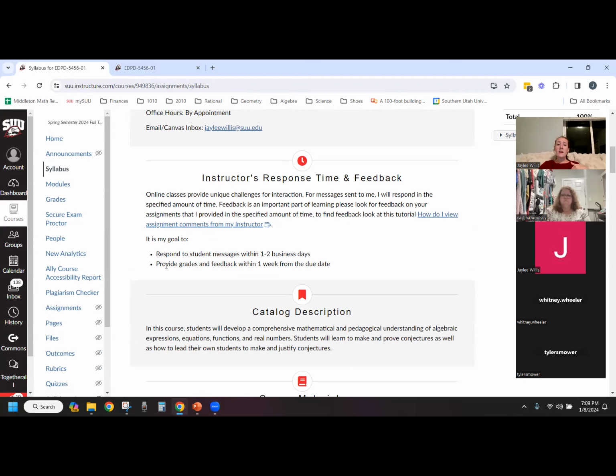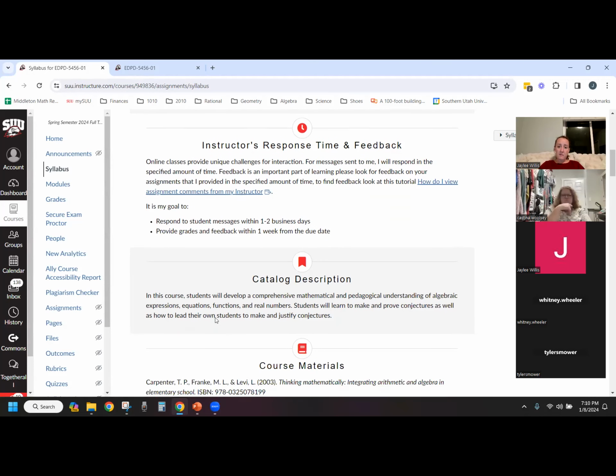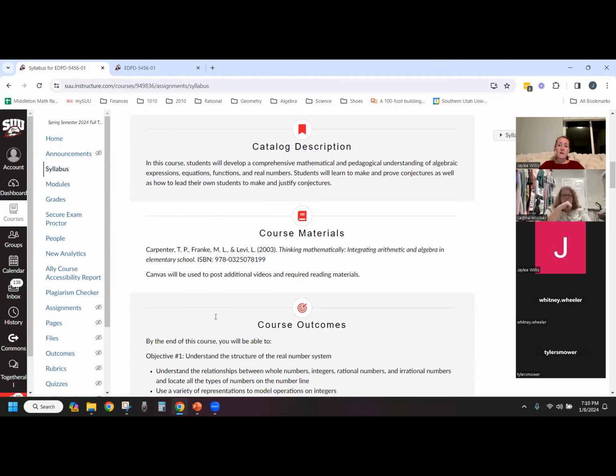My goal is to provide grades and feedback within 1 week of the due date, and I'm going to prioritize grading assignments that are turned in on time. I do accept late work and I don't take off late points, but you will get feedback faster if you turn in your work on time. So that's some information about my response time.